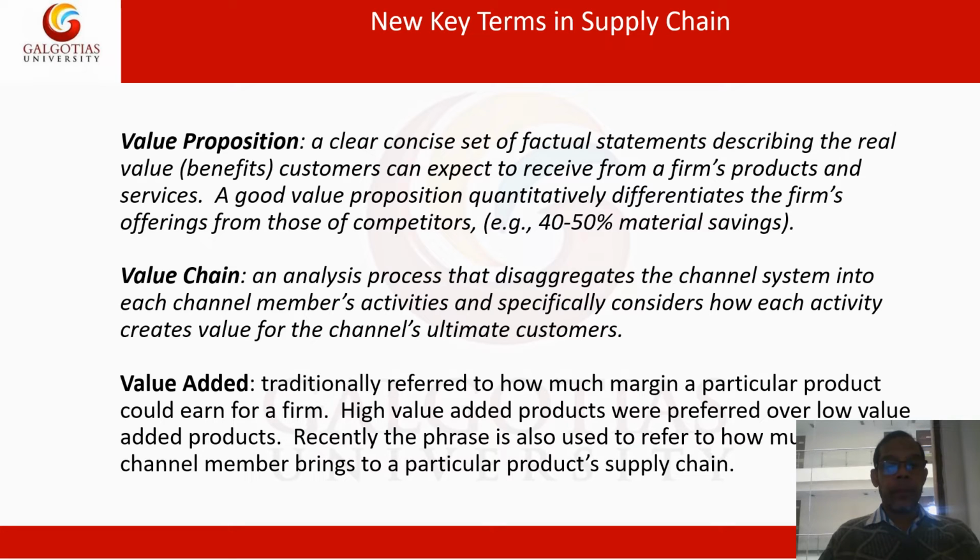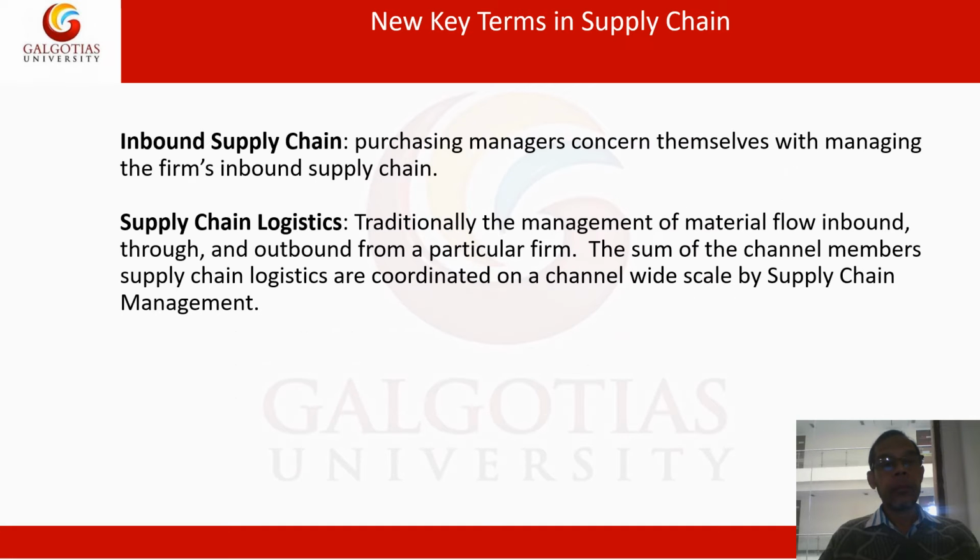Value added. Traditionally, it refers to how much margin a particular product could earn for a firm. High value added products were preferred over the low value added products. This is being used for what the channel member brings to a particular product in the supply chain. Inbound supply chain.